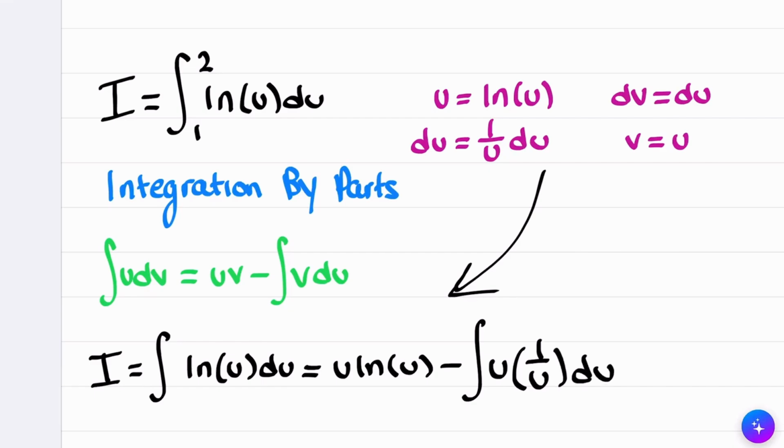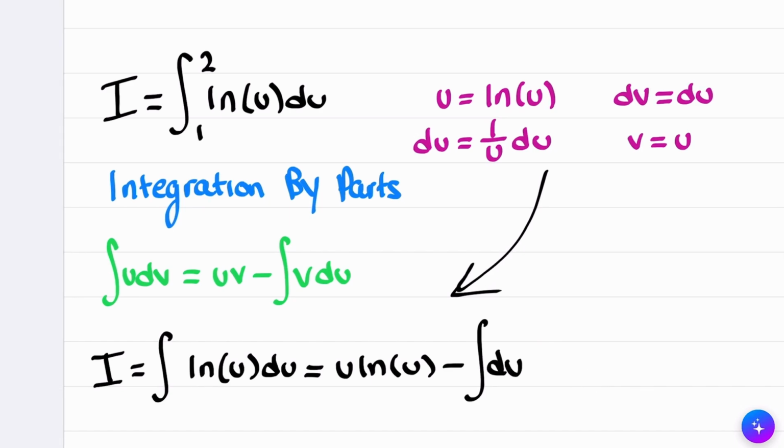Well, u times 1 over u is just 1, so we're literally just left with the integral of du, and the integral of du is just u. It's the thing that differentiates into du. Well, that's just u. So we can see that the antiderivative of the natural log is u times the natural log of u minus u.